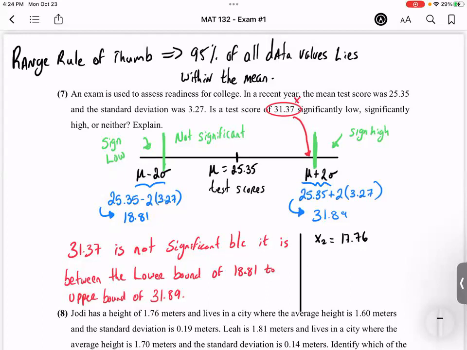Significantly low. Why? 17.76 is significantly low because why? How can I describe it in words? What makes it significantly low? That's right. It's because it's less than the lower bound of 18.81.